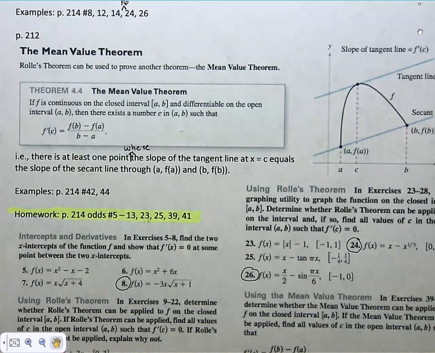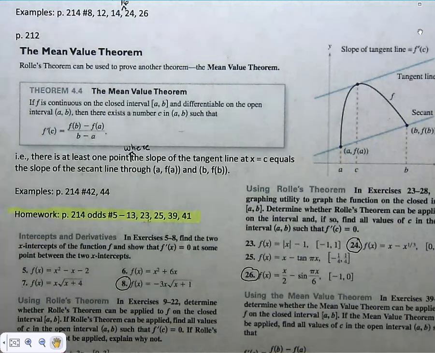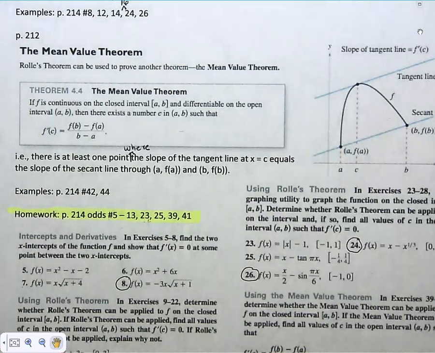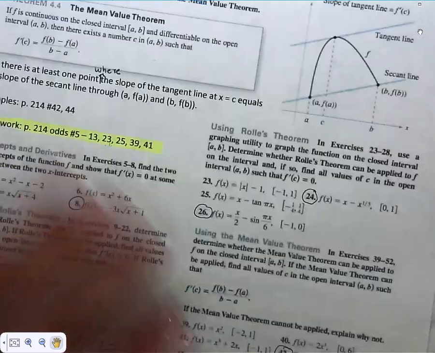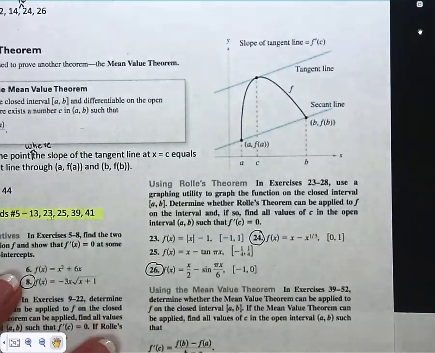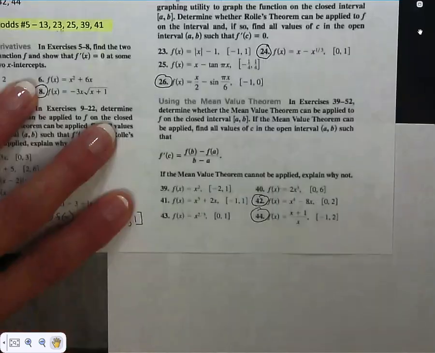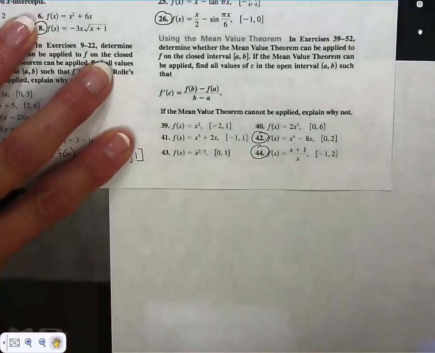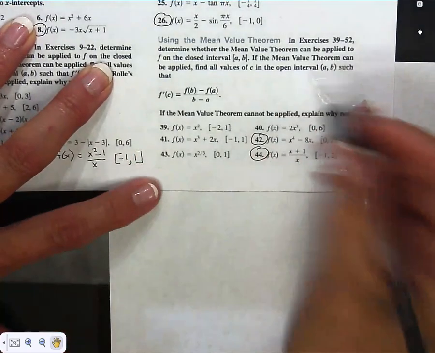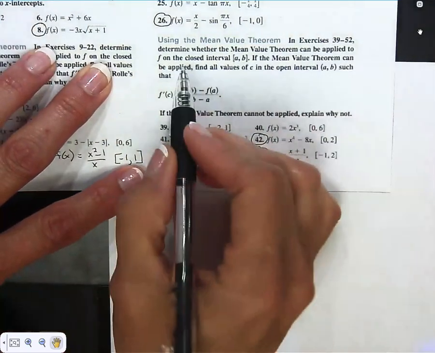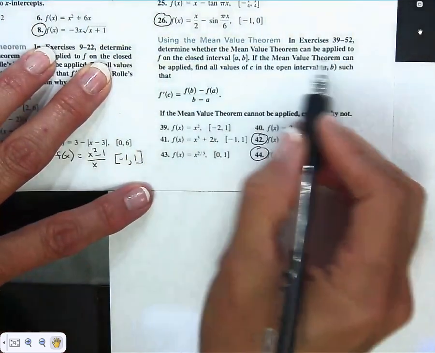All right, so let's do the last two problems real quickly. Number 42. It says in exercises 39 to 52, determine whether the mean value theorem applies.